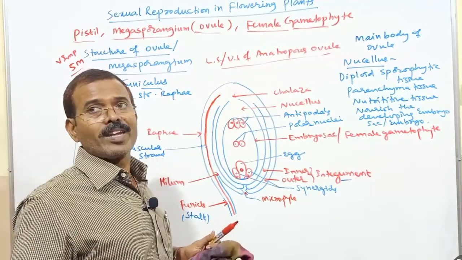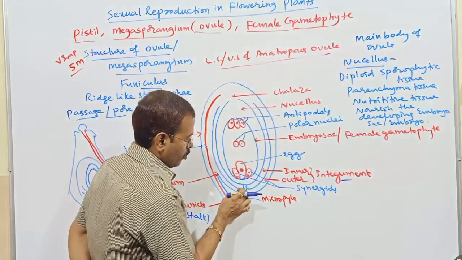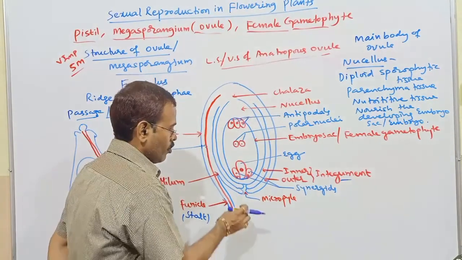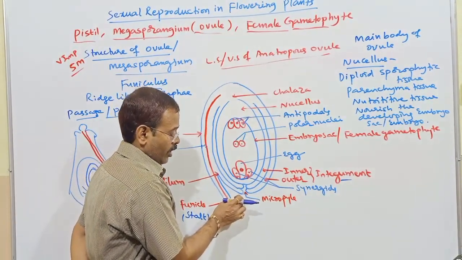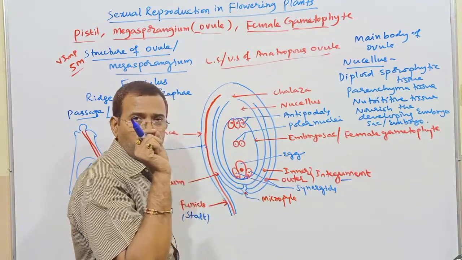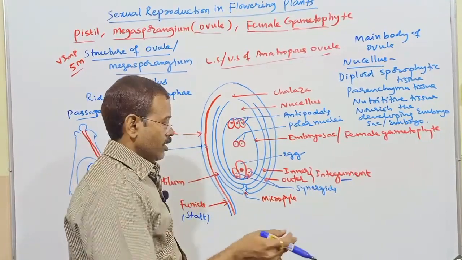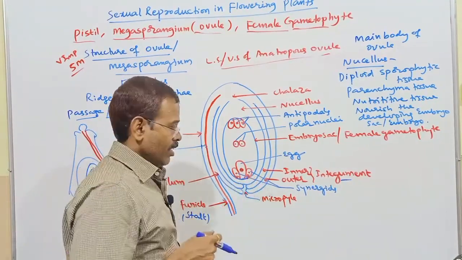Remember, the pollen tube carrying the male gamete will enter the embryo sac mainly through the micropyle. This is the anterior end where the integuments leave a small passage or pore, a micropyle.